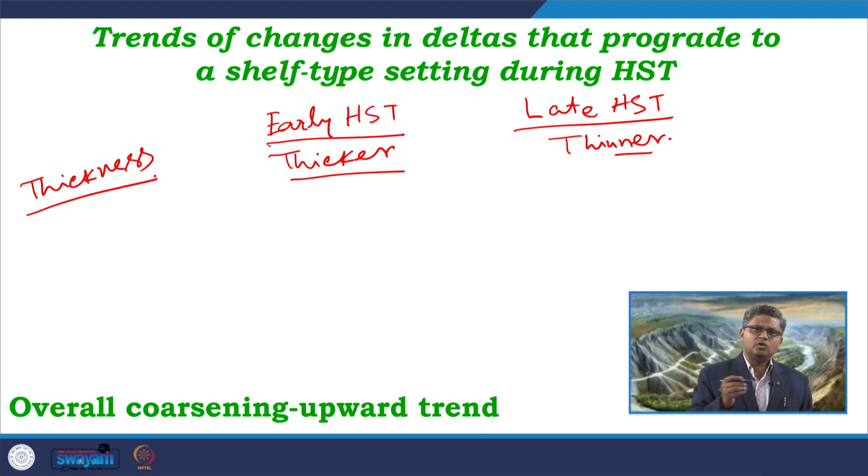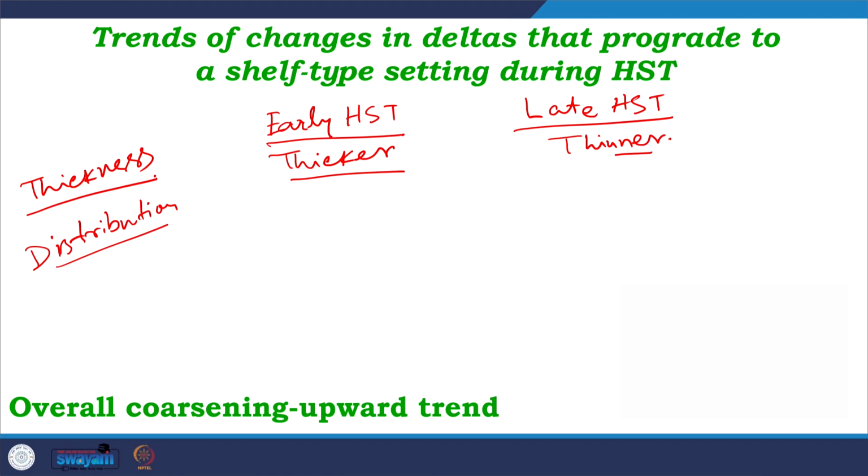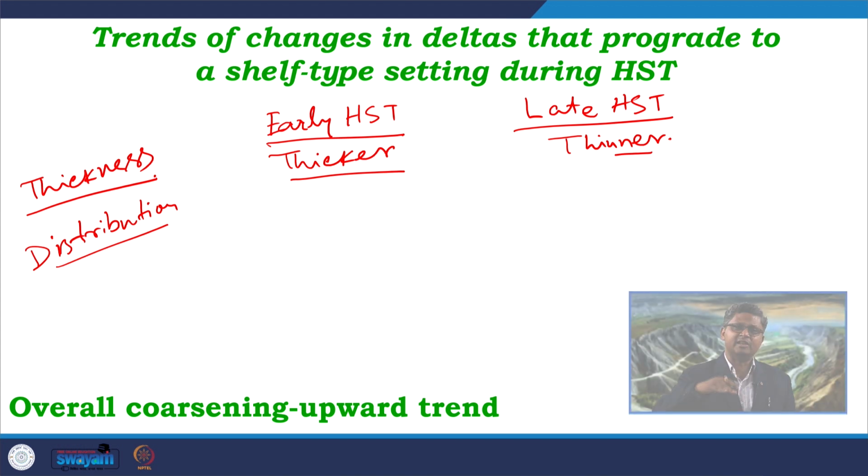Now, the second parameter is the distribution of the delta system. During the early HST phase, the delta system is more confined towards the landward side and the progradation is less. It is not reaching the open marine system, nor affected much by it, as the sea level and base level are quite high.